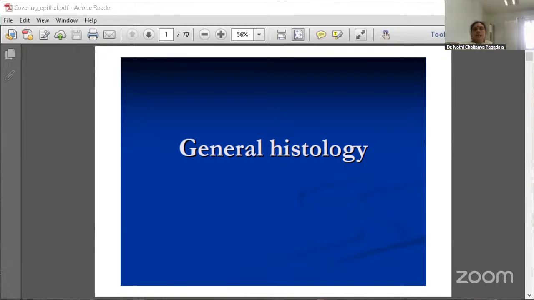So here, primary cells, which are directly obtained from the human, as I just told you, give two types of cells. One is the anchorage dependent or adherent cells, and the other one is anchorage independent or suspension cells.